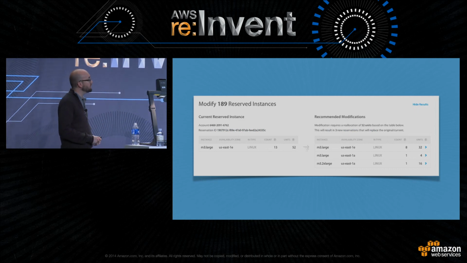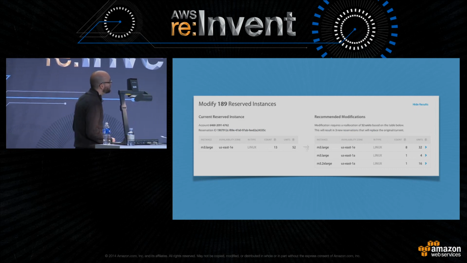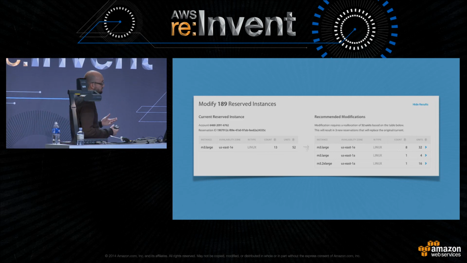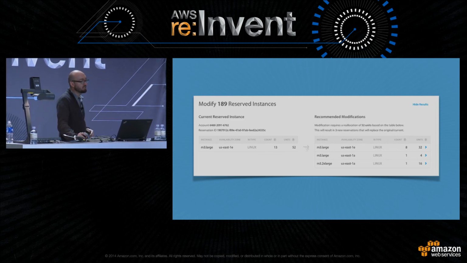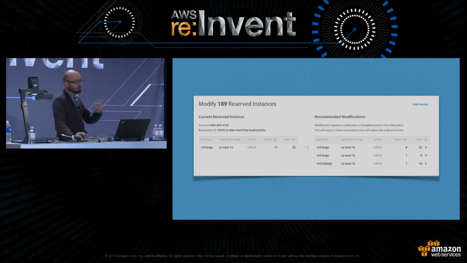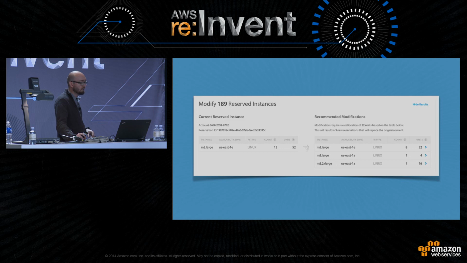At Cloudability, we handle that by doing RI recommendations or modification recommendations. And what we do here that's interesting is we give you the ability to essentially say, look at my infrastructure, look at my existing reservation portfolio, figure out how many units I have, and then figure out where I can most efficiently apply those units to maximize my savings.